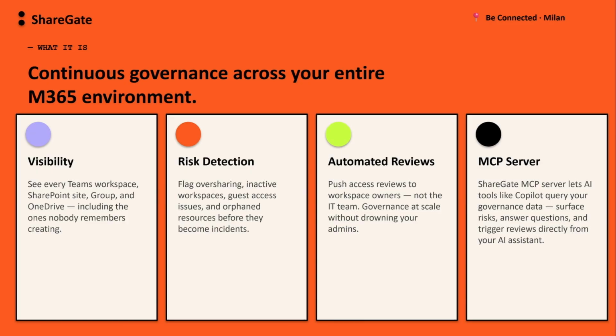You can imagine it sitting on top of that 365 admin stack, which is, in my opinion, a little bit cumbersome to navigate. We provide one GUI to go in there and get visibility to all that information. Once we've got that information and visualized it, it helps you understand the potential risks. So we're looking at risk detection: as I mentioned before, oversharing and inactive workspaces.